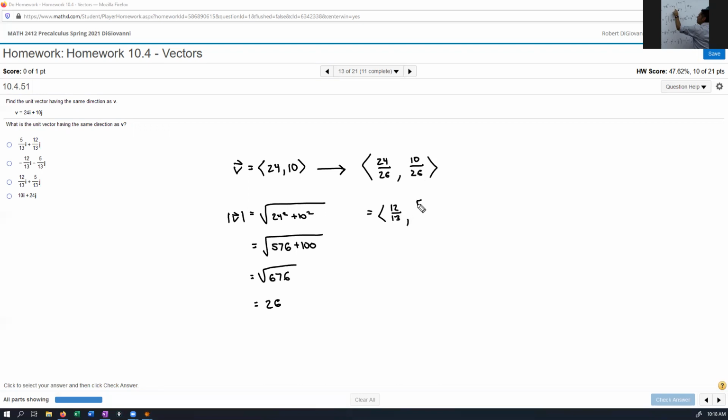And then 2 goes in there 5 and then 13 times like that. And then they write it in the I hat, J hat way. So 12 over 13 I hat plus 5 over 13 J hat. Okay, so which one is that? Looks like this one right here.